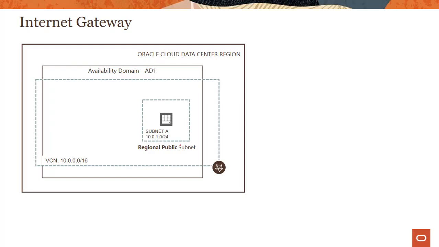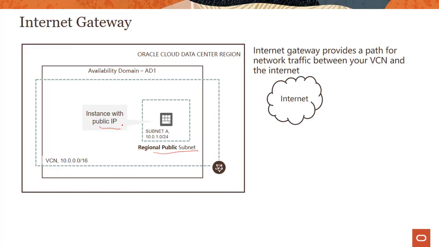As we had seen in the previous slides, we have a public subnet here, which can be regional or AD specific, and there's an instance which has a public IP.